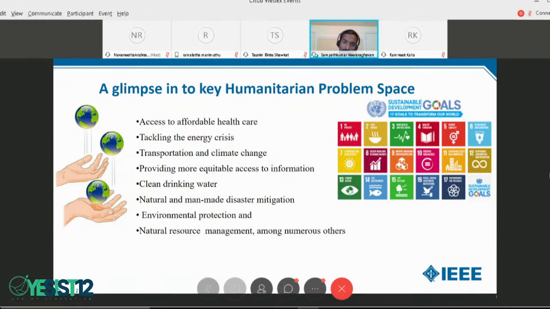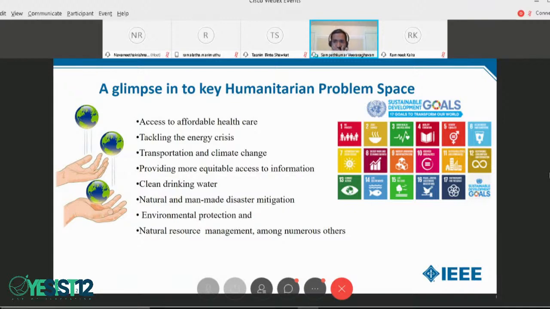Then there are transportation and climatic changes, and more recently a very prominent and pressing area, digital connect. With the COVID situation, providing equitable access to information digitally is getting very critical these days. And clean water access, emergency response, environmental protection and so on are numerous challenges.